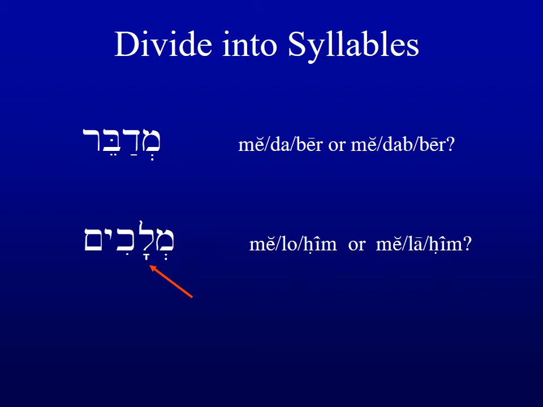If you look at that first division, melochim, you will recognize that that middle syllable would be an unstressed syllable that is consonant plus short vowel, and that is not allowable. Because we have an unstressed syllable that is consonant vowel, the vowel has to be long. So that means we prefer melachim.